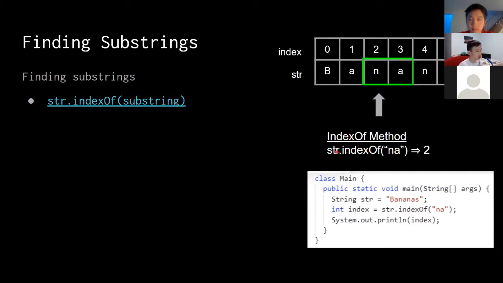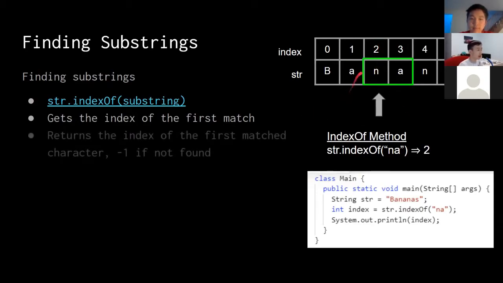As an example here, str.indexOf NA, since this is the first occurrence of NA, gives you 2, because that's where it starts. And if str.indexOf does not find NA within the string, say I have apple as my string and I did str.indexOf NA, it would give me -1 because it's not found.